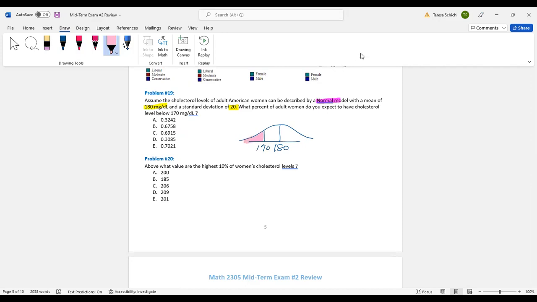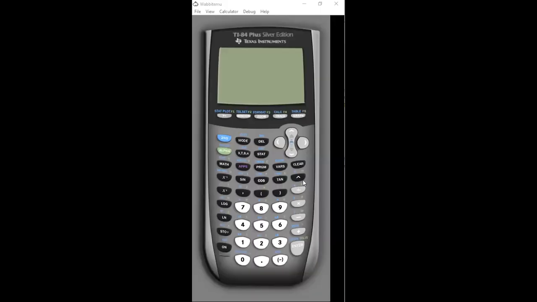In order to get this area, let's go to our calculator. We do the second vars, then normalcdf. You hit the CDF because we are finding the light pink area. The lower bound is negative infinity. The upper bound is 170.